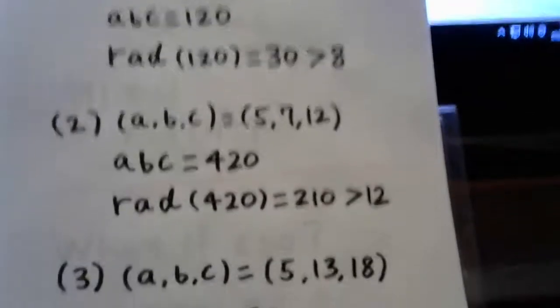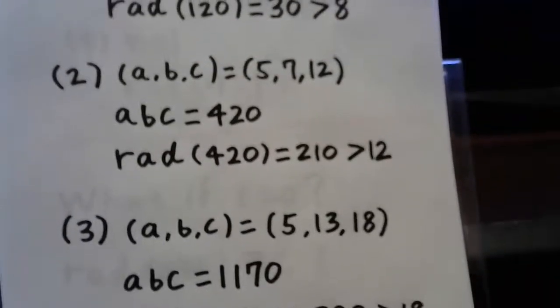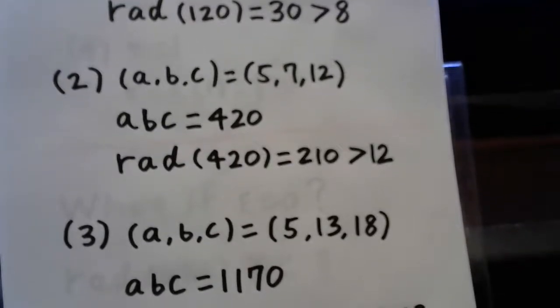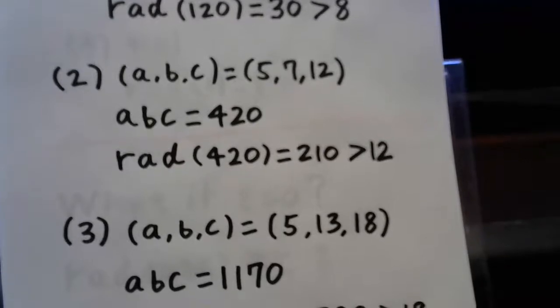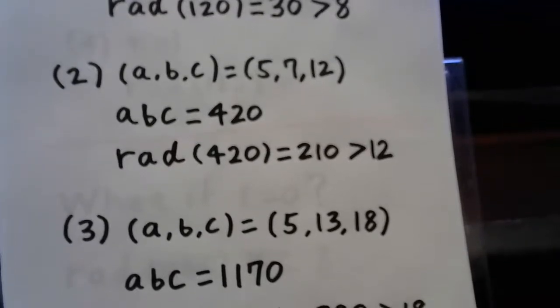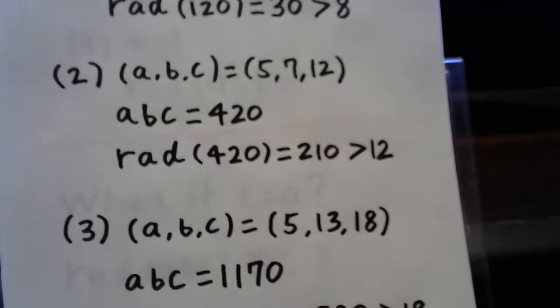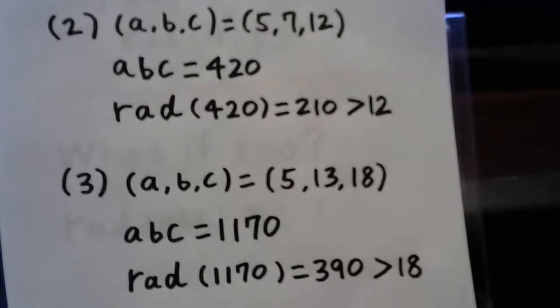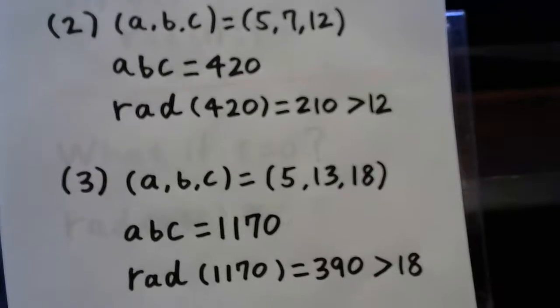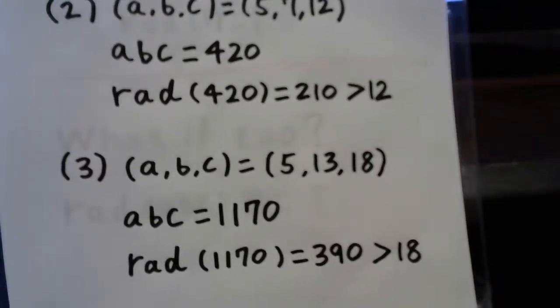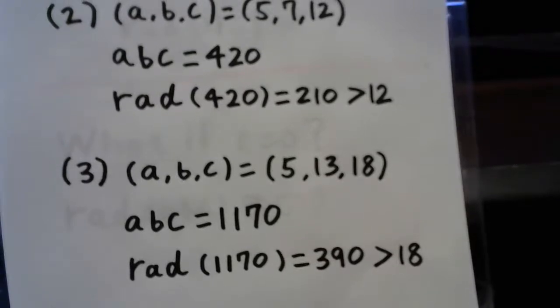And the next case, abc equal to 5, 13, 18. In this case, abc is equal to 1,170. And radical of the number is 390, which is greater than 18. So it holds, okay?